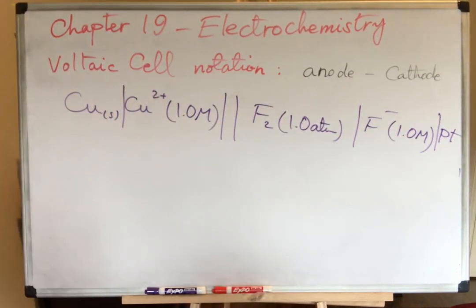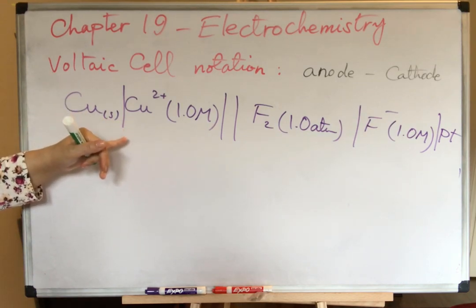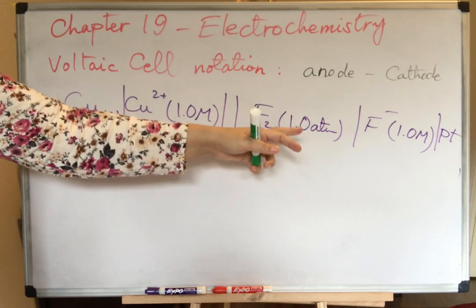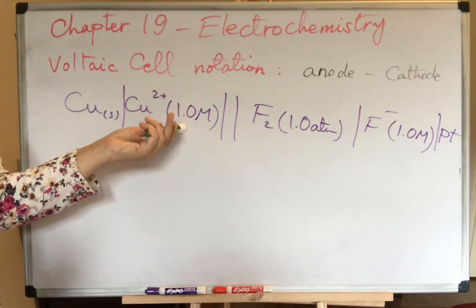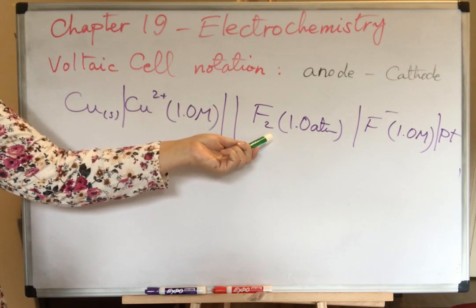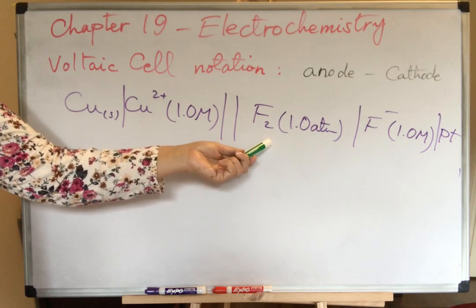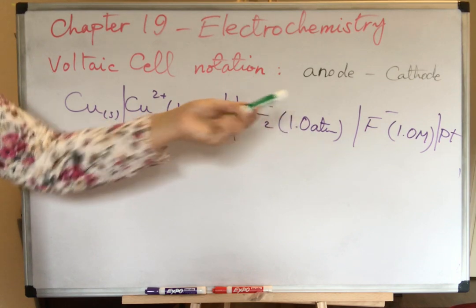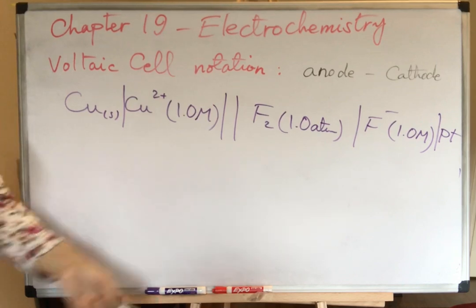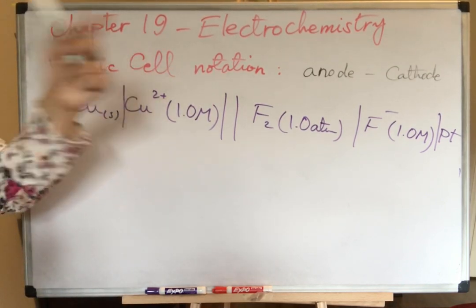So you see, it shows that copper is oxidized to copper ion in the anode, and fluorine gas has been reduced to fluoride. The molarity of the copper solution is 1 molar. The partial pressure of fluorine gas is 1 atmosphere, and concentration of fluoride solution is 1 molar. Since you're dealing with a gas, you would need to have the inert platinum electrode.